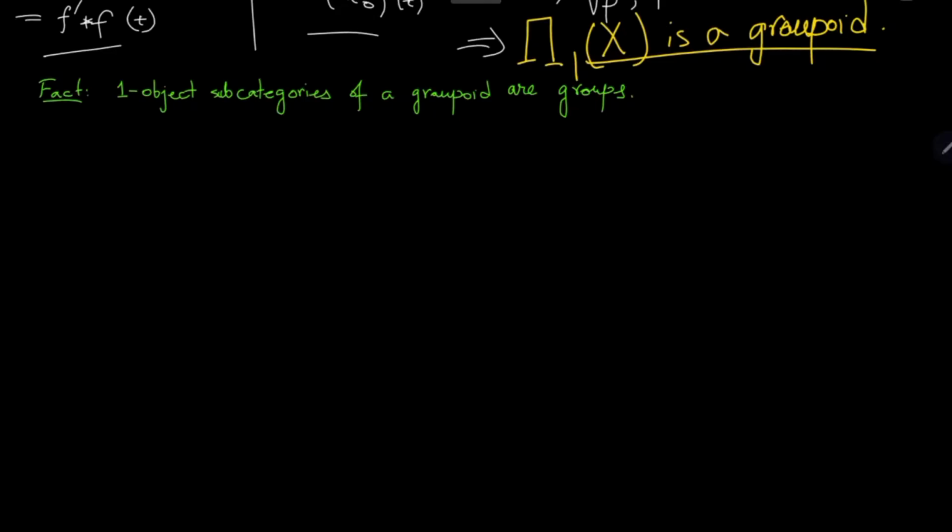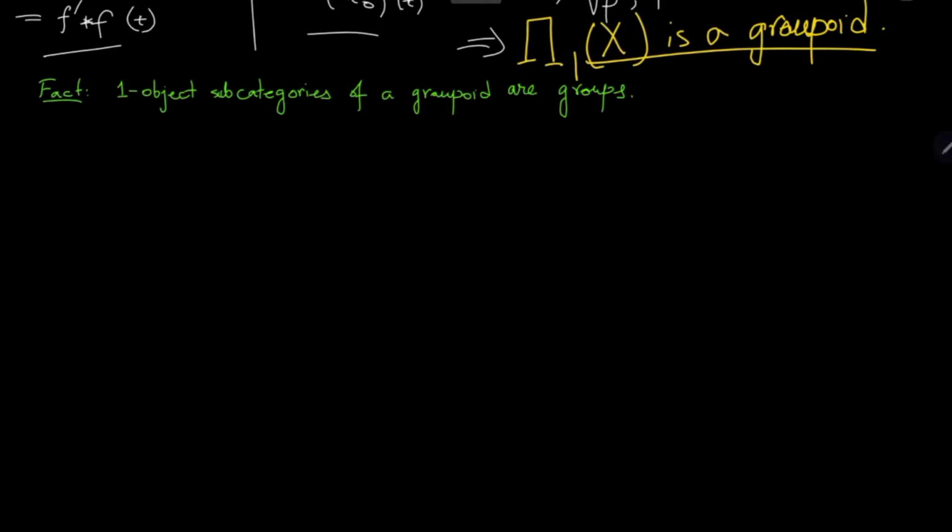So that being said, since all of the morphisms in this groupoid, in this fundamental groupoid, are isomorphisms, we know that the one object subcategories are just that one object, and the Hom set being the endomorphism set.